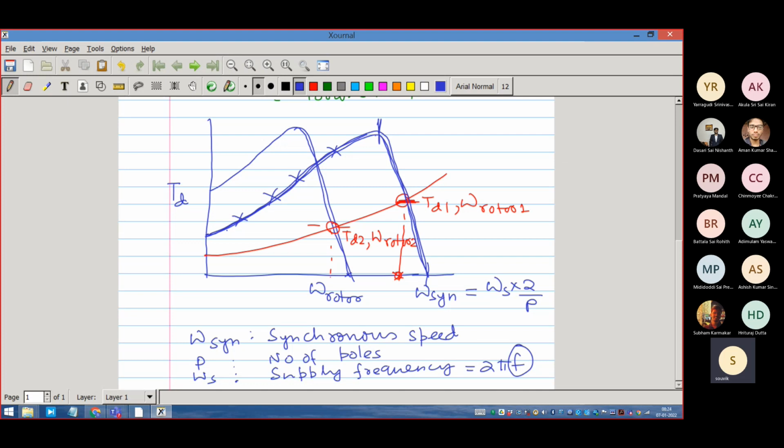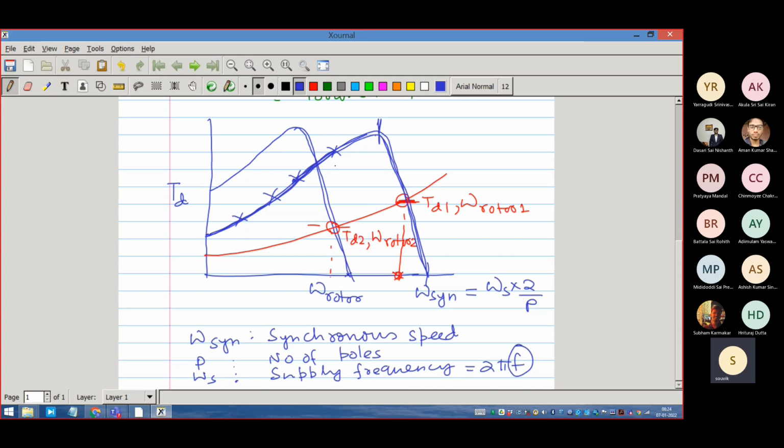Why do we say it is unstable? You can check it yourself, I won't do it. For some reason, give a perturbation in the speed. If the speed increases, then the torque increases because it is on this slope.